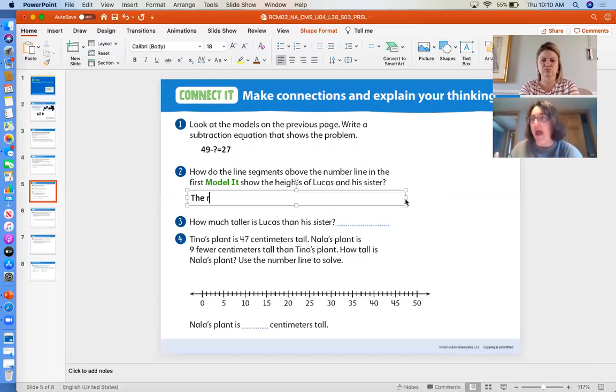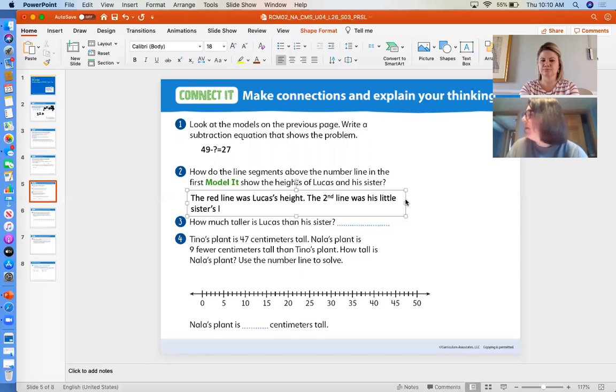So the first line, the red line, Lucas's, was from 0 to 49. And then the second line was his little sister's, and it went from 0 to 27, right? Or green, I don't remember what color. It was blue, right? And then the green was the unknown, but we don't even need to tell that because the problem didn't ask it.